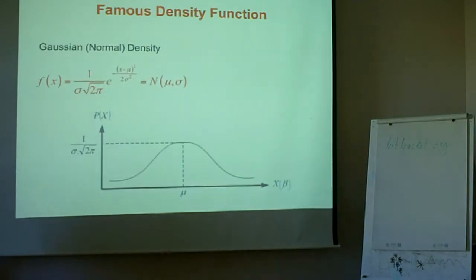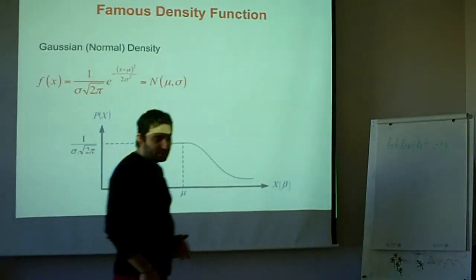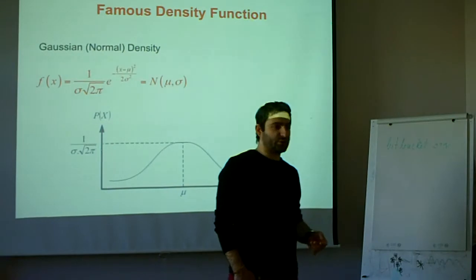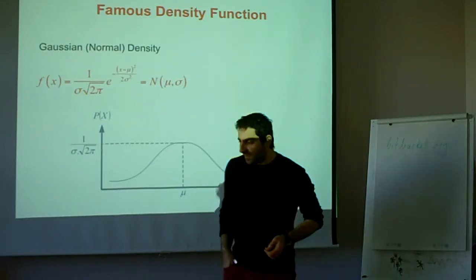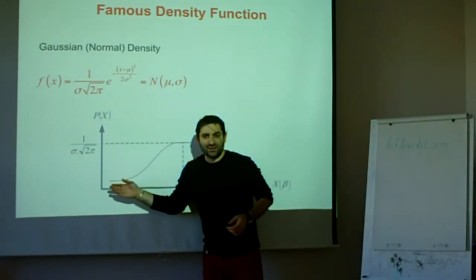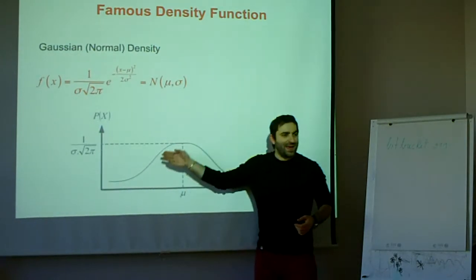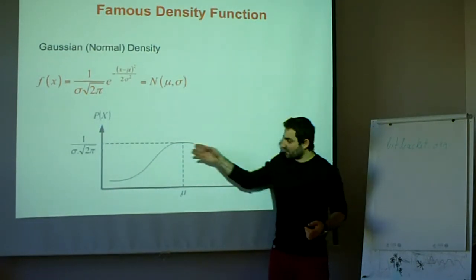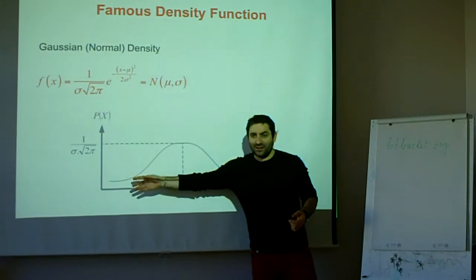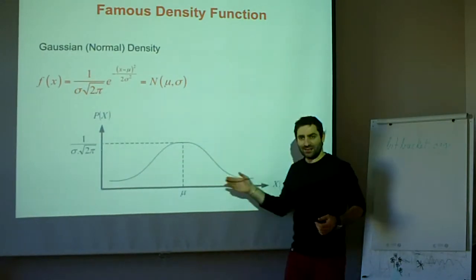The next famous one is what we call a Gaussian or normal distribution. It is also known as a bell-shaped distribution because it looks like a bell, or a hat distribution, because it looks like a hat.